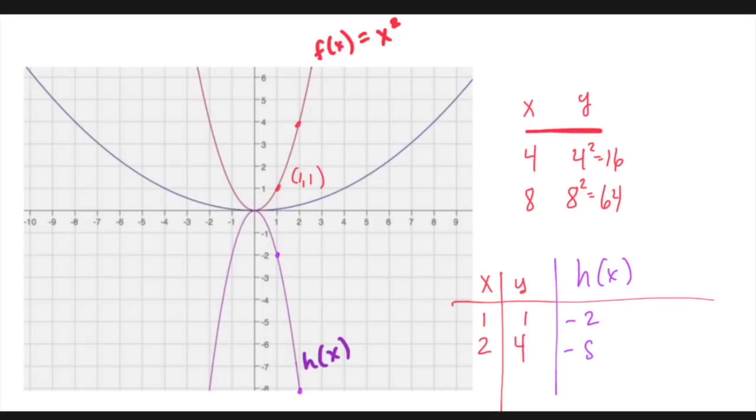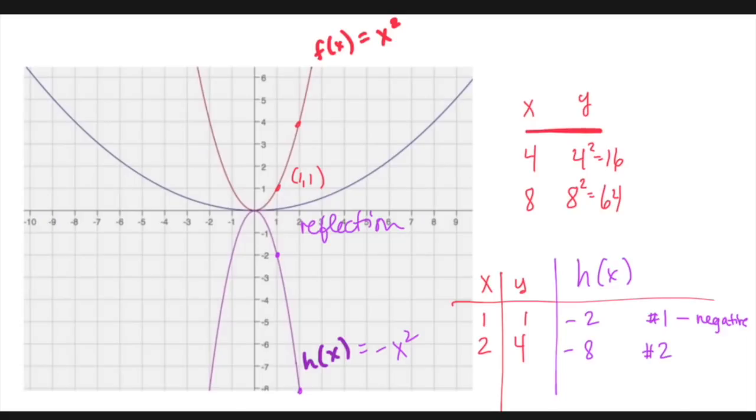For h of x, I'm actually picking 2 different x values because the big ones just wouldn't work for this. There are 2 things that I immediately noticed. One is that there's a reflection on the x-axis, so I know I'm going to have a negative coefficient.